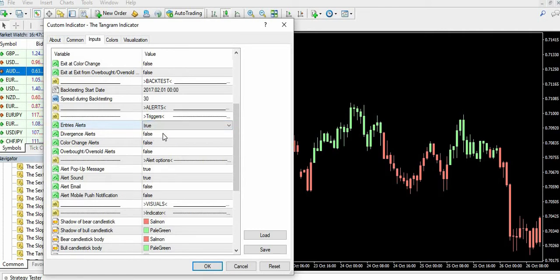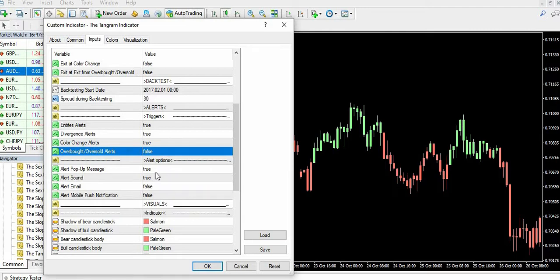Also, you could get alerts for divergences. Whenever there's a divergence on the chart, you would get an alert. Also, whenever the color changes, you could get an alert, but you have to set it to true, of course, all of these. And whenever the price is in overbought or oversold areas.